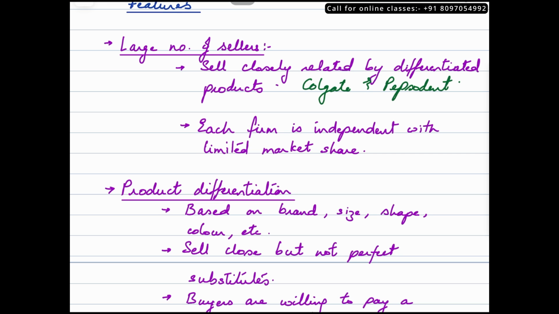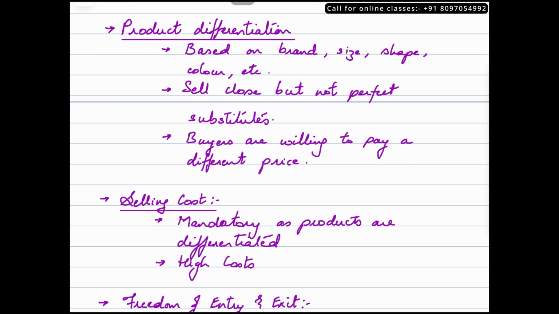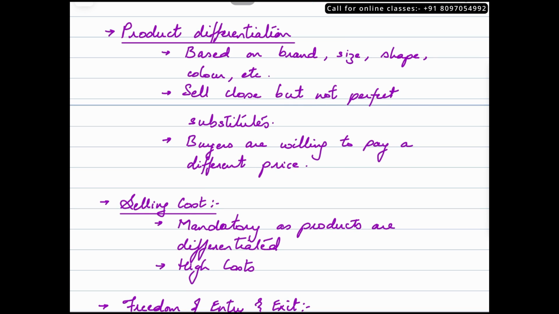The next feature is product differentiation. So product differentiation is basically creating differences in the products with regards to the size, the shape, color, fragrance, appearances, and in many terms with regards to the brand. These sellers in a monopolistically competitive market would sell close but not perfect substitutes.